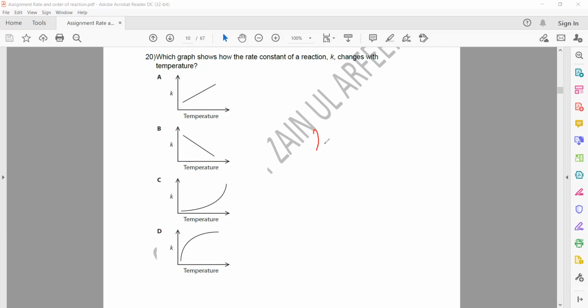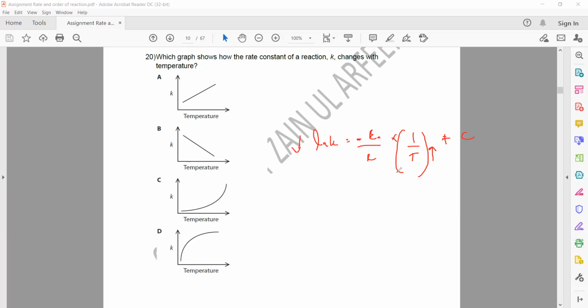So you have this equation, ln k is equal to Ea over R into 1 over T, and that is negative, plus the constant c. What it shows is that if we increase the value of 1 over T, the value of ln k will decrease.